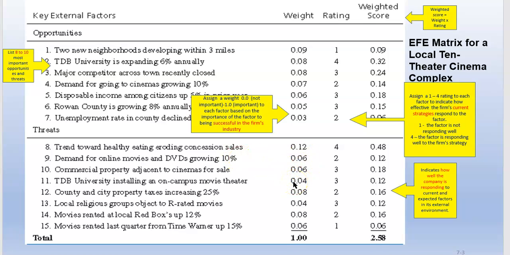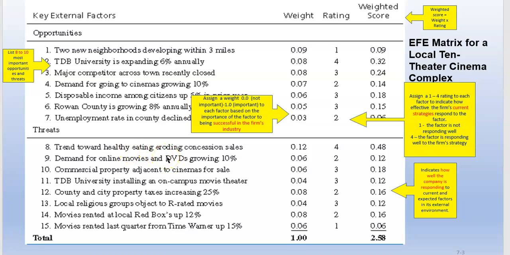Also note that the local cinema is doing excellent in regard to handling 2 factors, which have the rating of 4. The factor number 2, TDB University is expanding 6% annually, and factor number 8, trend towards healthy eating, eroding concession sales.